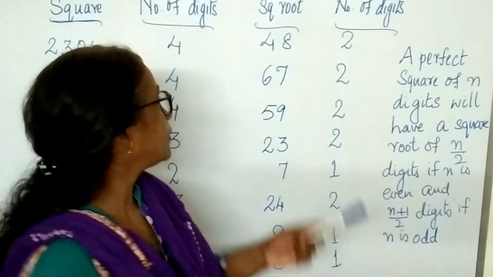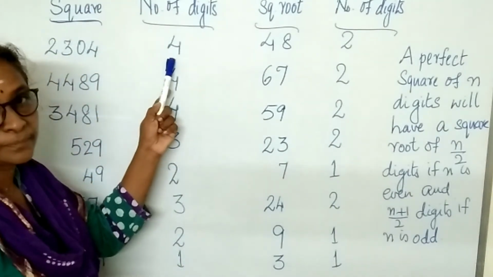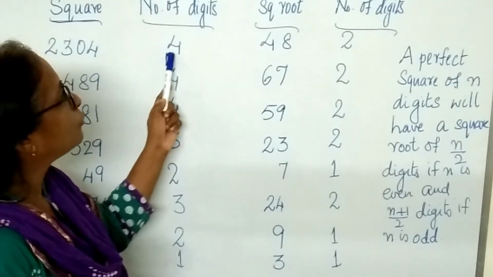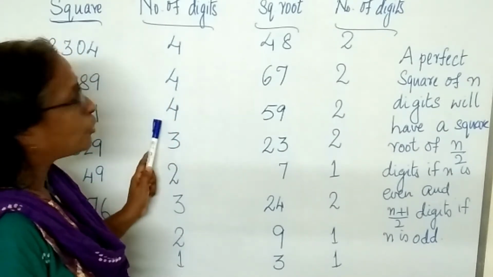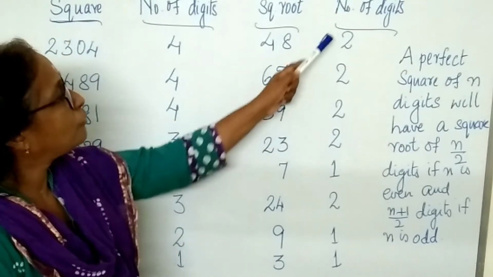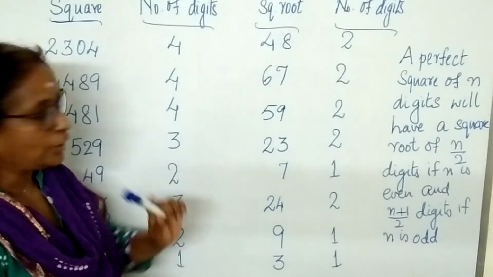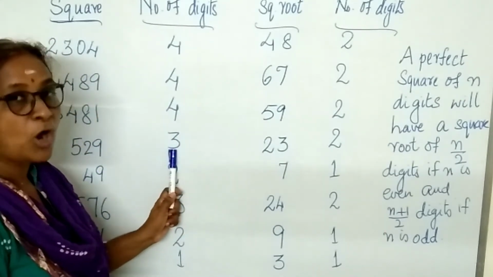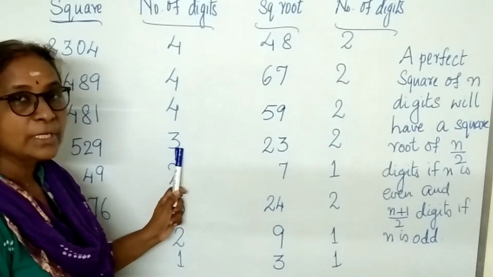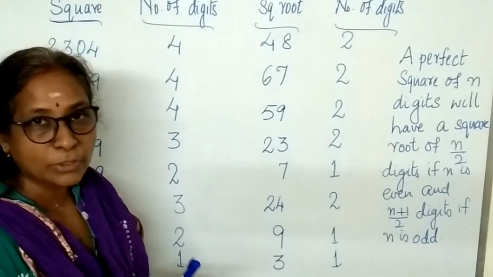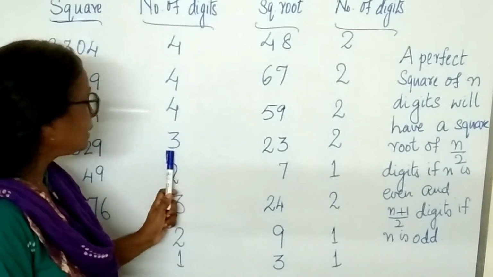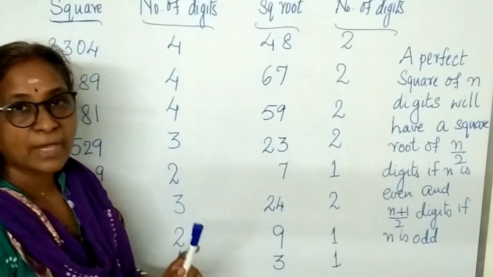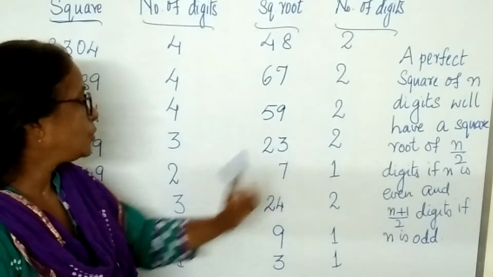Now let us see that. You see here n is 4. 4 is an even number, so 4 by 2, 2. In all these cases 4 is even, so 4 by 2, 2 we got. But here n is an odd number. So how many digits will be there in its square root? n plus 1 upon 2. What is n? 3. 3 plus 1, 4 upon 2, 2.